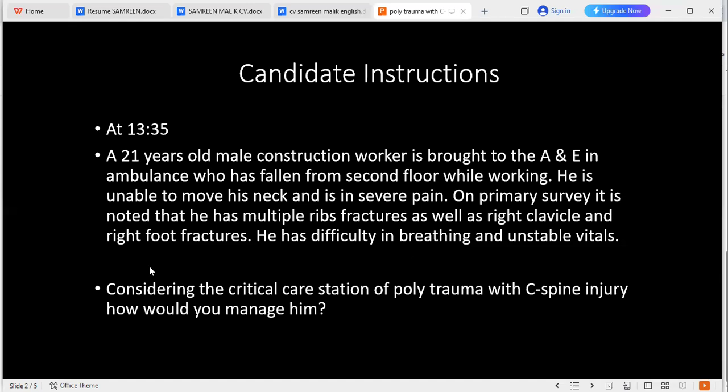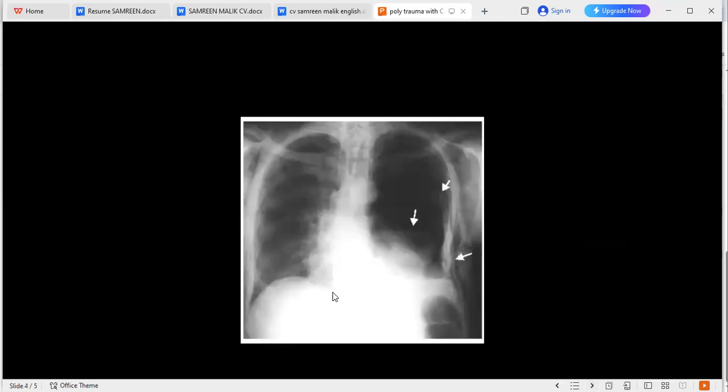The nutrition status of the patient will be managed according to his general condition, conscious level, his ability for oral toleration, and whether he is on mechanical ventilation. If the patient is awake and can tolerate feeding, it's okay. If not tolerating, we'll go for enteral feeding via nasogastric tube, or parenteral feeding.